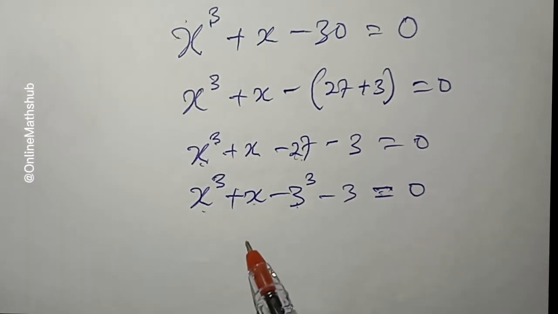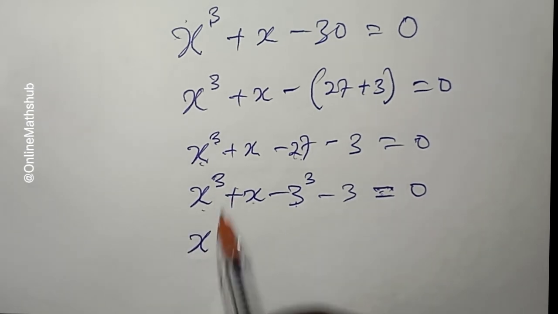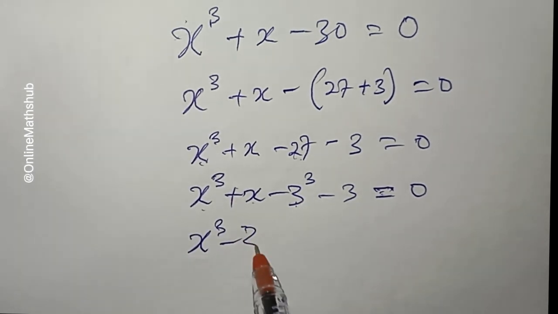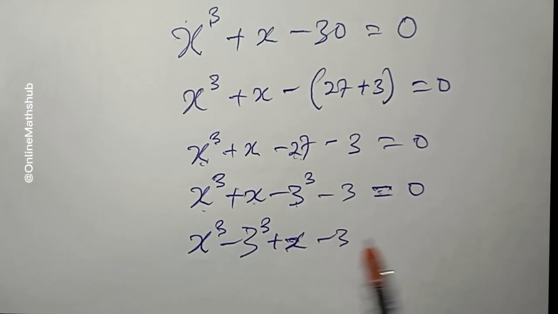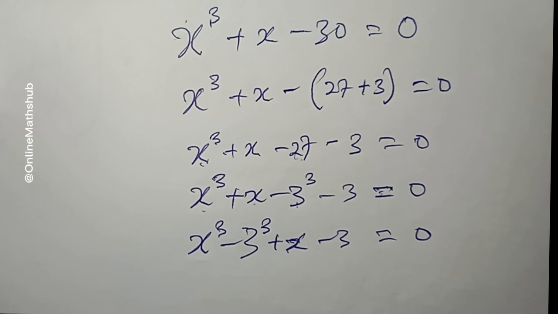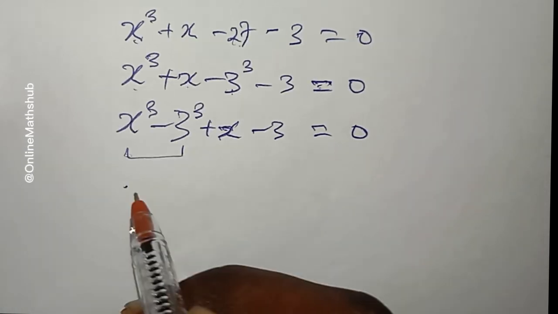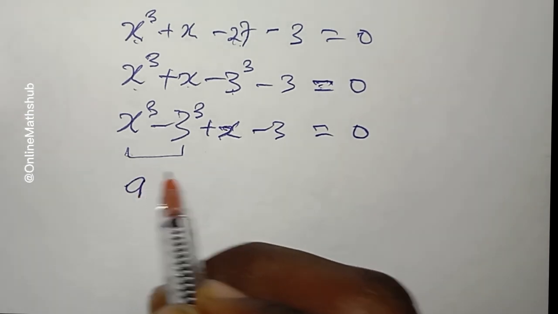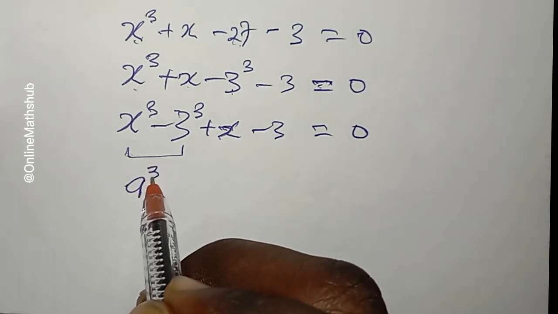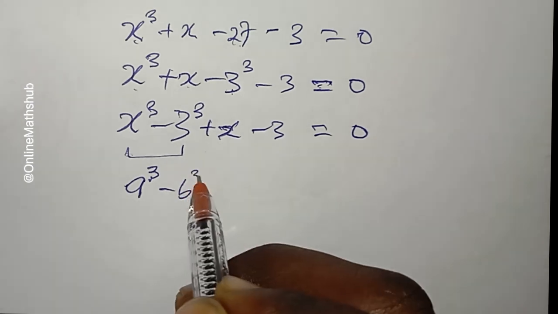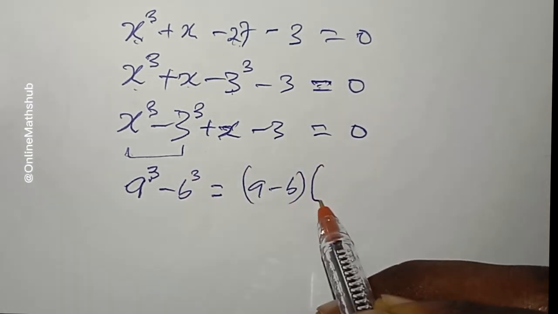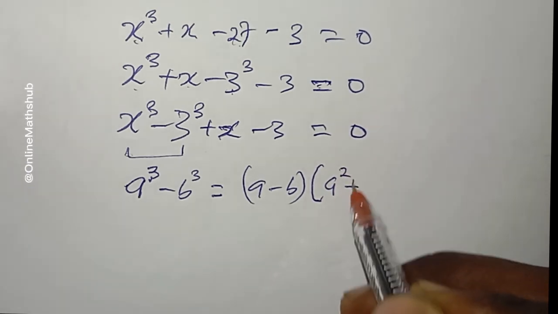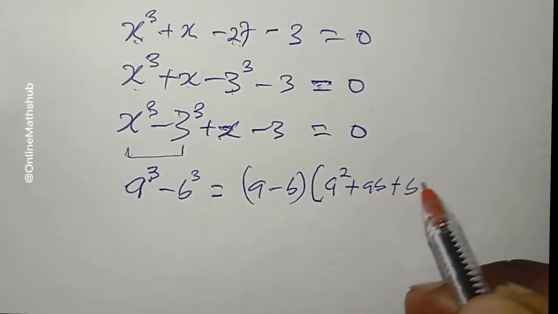So I can go ahead to group similar terms. I have x power 3 minus this 3 power 3 right here, plus x minus 3 is equal to 0. Okay, so we're going to be simplifying this right here. If you can remember, if you have a difference of two cubes, that is a power 3 minus b power 3, you can expand this to be a minus b multiplied by a squared plus ab plus b squared.